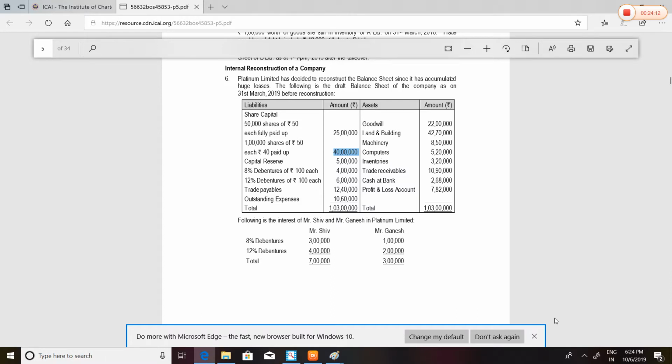So it will be to capital reduction, and in case there is any loss in any asset, you have to do it by capital reduction. Wait, I'll just do it for you.